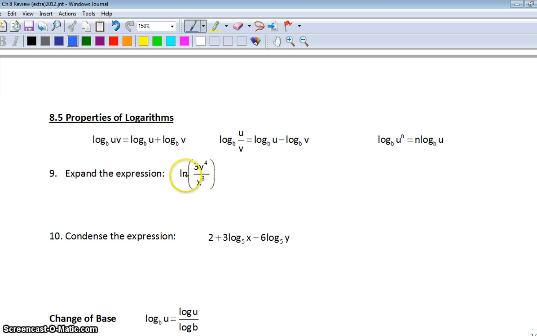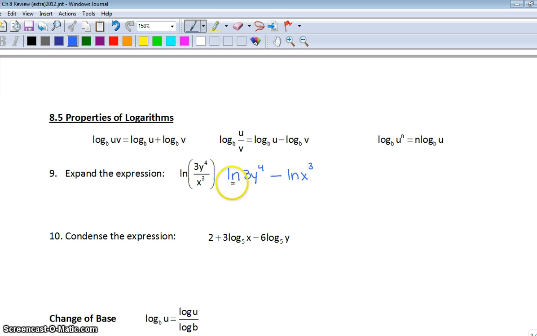Since I have the natural log here, every single piece is going to start with the natural log. And I have 3y to the fourth divided by x to the third. So that's natural log of 3y to the fourth. Since I am dividing, I subtract natural log of x to the third. Remember, natural log should be in each of my pieces.